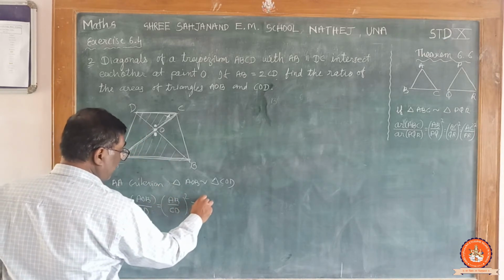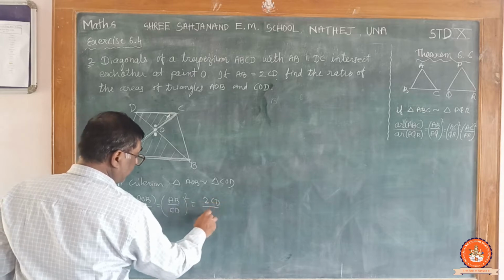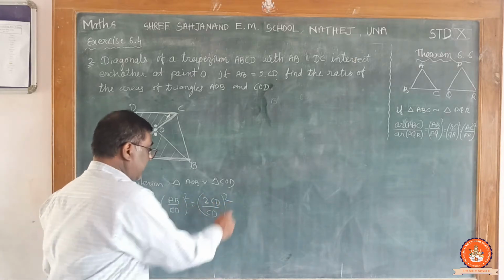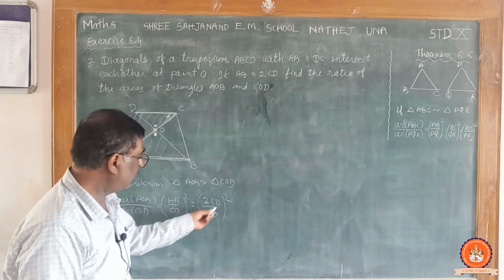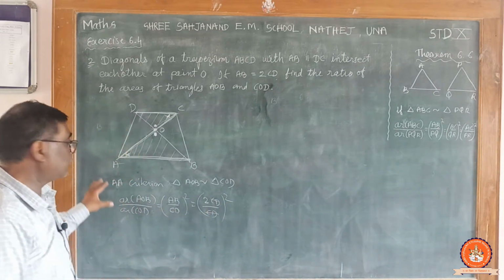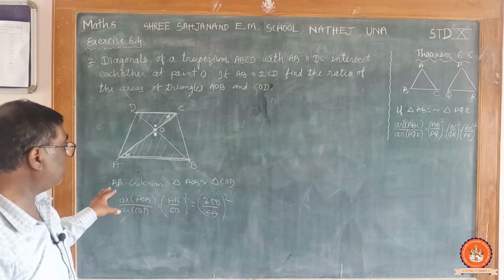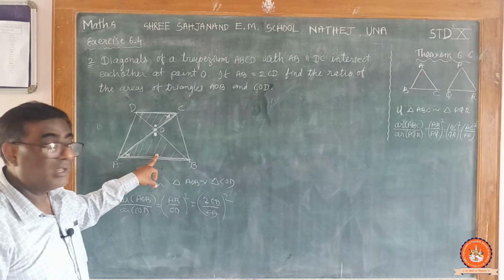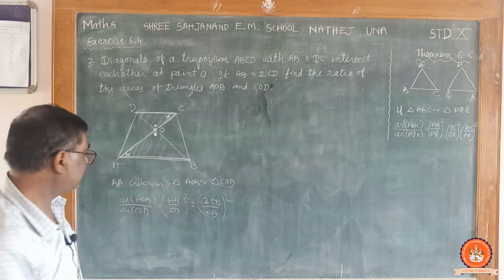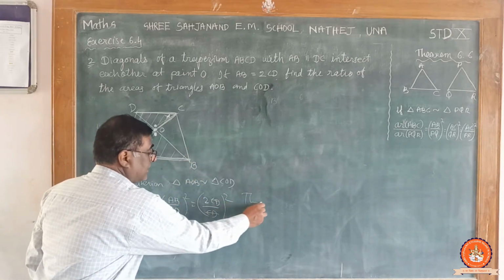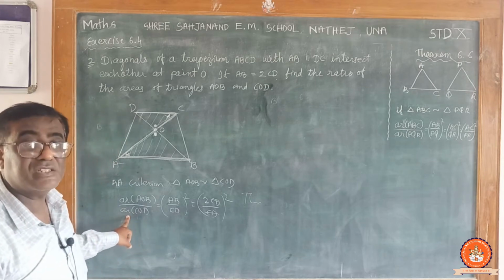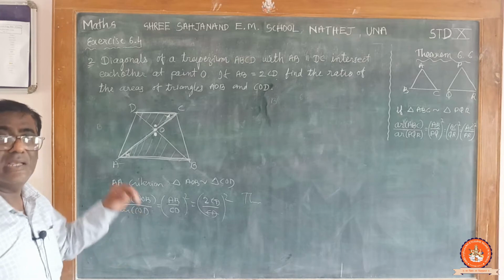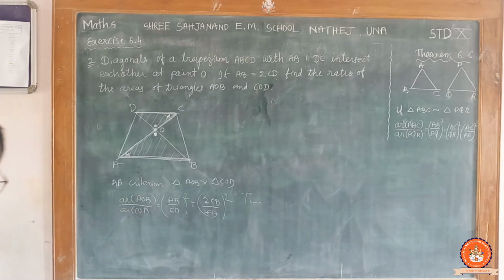So in place of AB you can write 2CD, and by cancelling it you can find the answer. Okay, so initially you have to prove these two triangles similar using AA criterion, and then using 6.6 theorem, you can find the ratio of the areas of the two similar triangles AOB and COD. Okay, so you can do it by yourself. Very good.